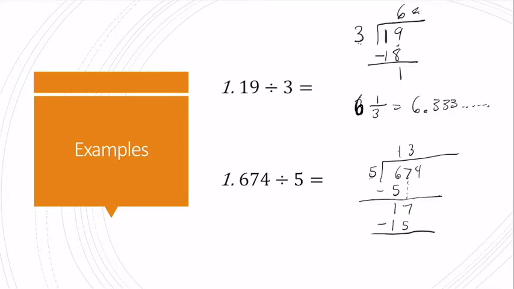I subtract 15 and I get 2, and I pull down 4. Okay, how many times does 5 go into 24? The answer is 4. 4 times 5 is 20. I subtract that, and I get a remainder of 4. So I would have 134 and 4 fifths as my answer.